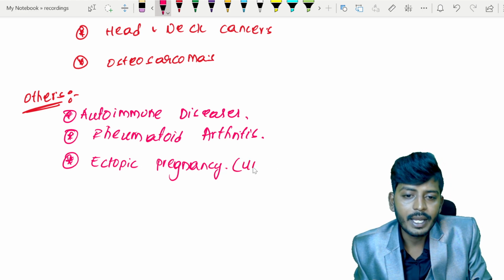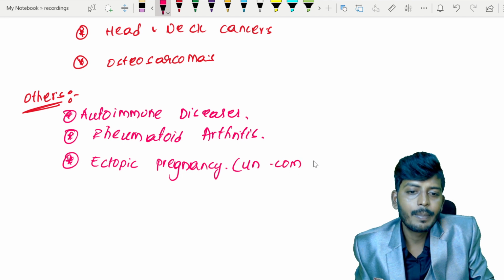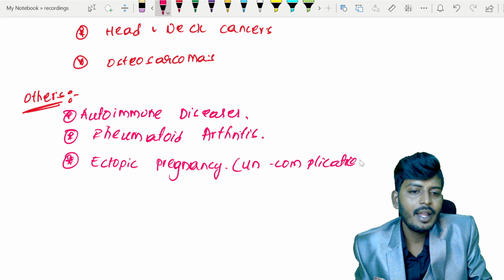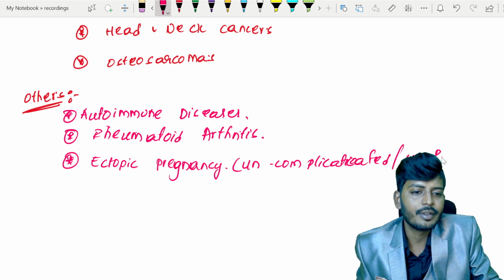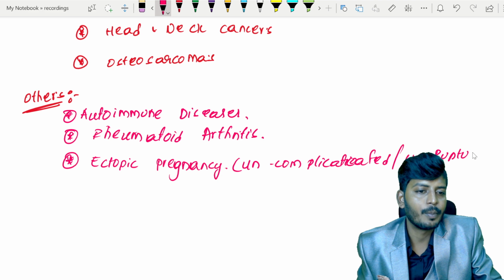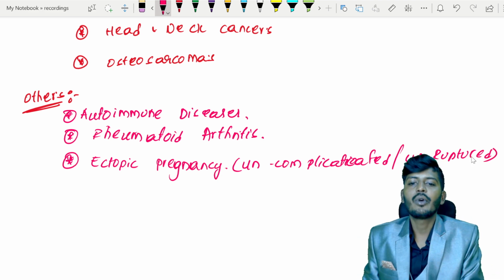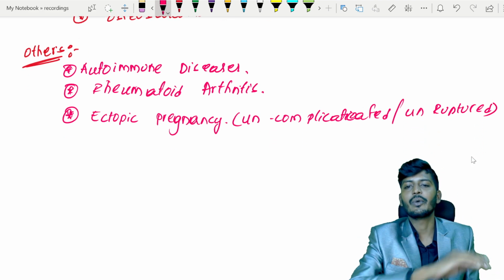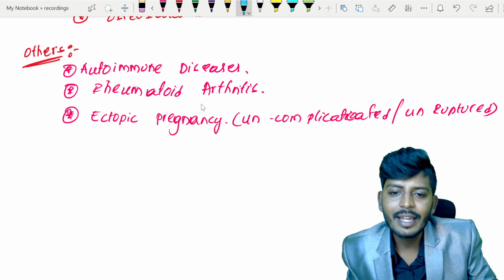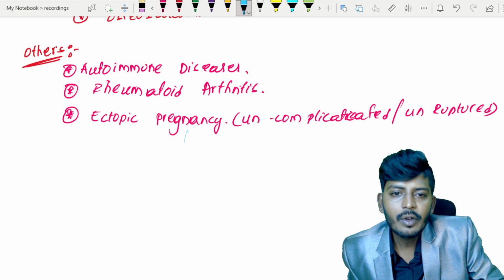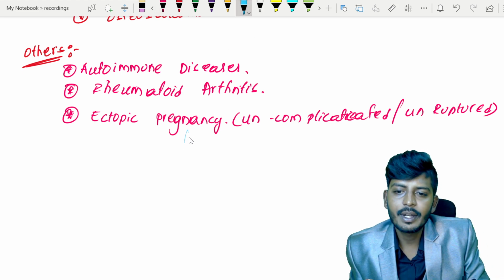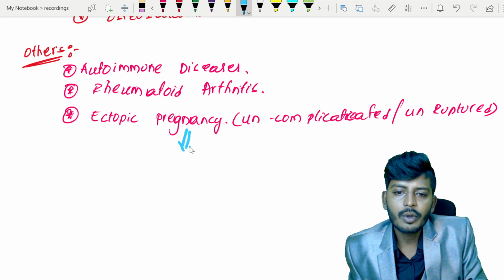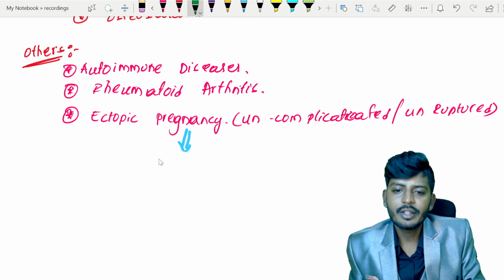Okay, uncomplicated. Rather than saying uncomplicated, I would like to use the better term, unruptured ectopic pregnancies. So in unruptured ectopic pregnancies we are going to use it. And again, from the AFMGE, it's a very important question. If you are using methotrexate for the treatment of ectopic pregnancy, what are you going to do? You are going to monitor something.